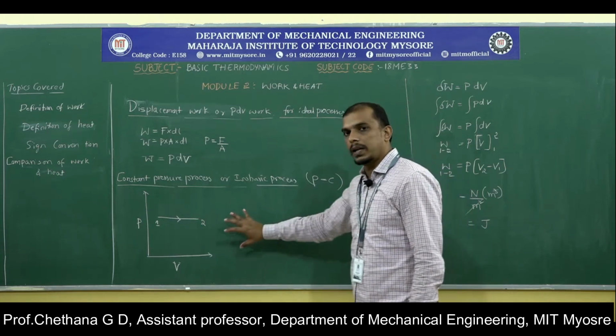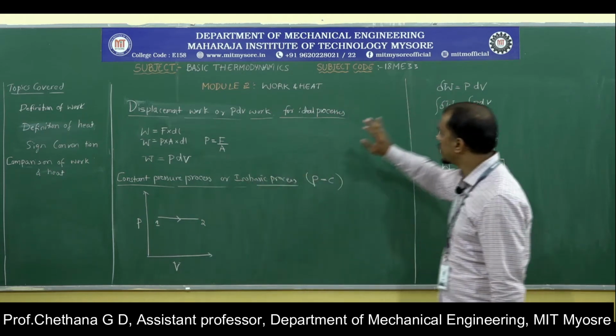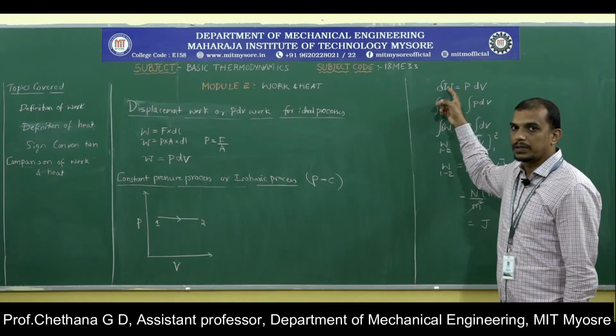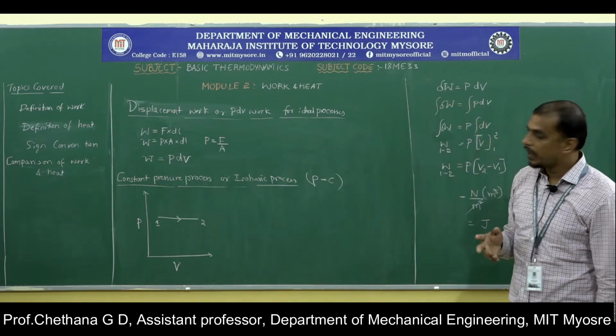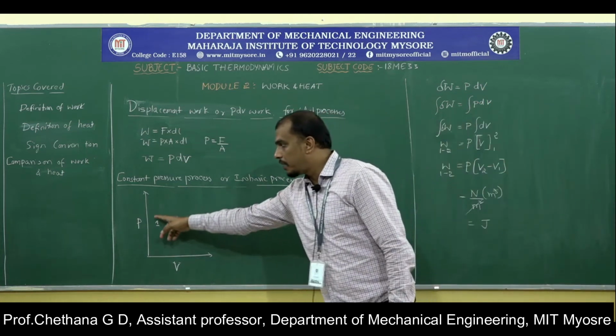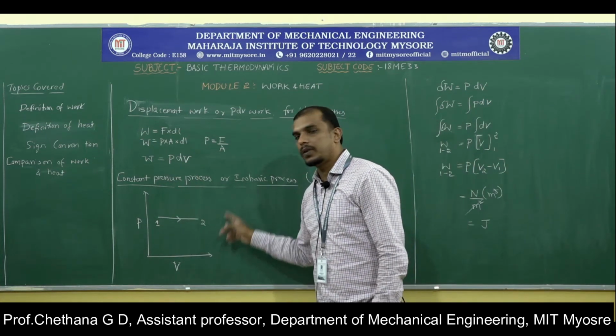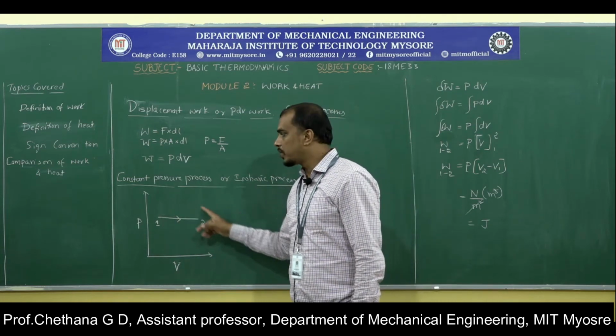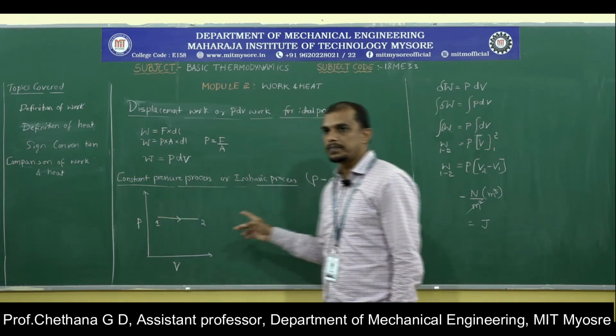Now how to derive the work for this? We will see, constant pressure process. So we said it is an inexact differential. It depends on the path. You cannot say the amount of work at point 1 or the amount of work at point 2. It is a path function. So work 1 to 2, or W 1 to 2, we call it.